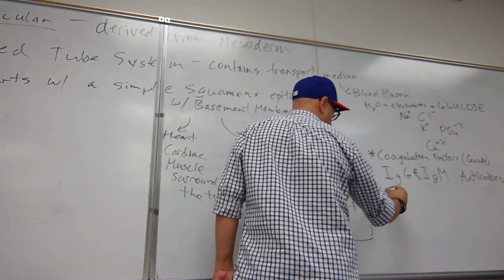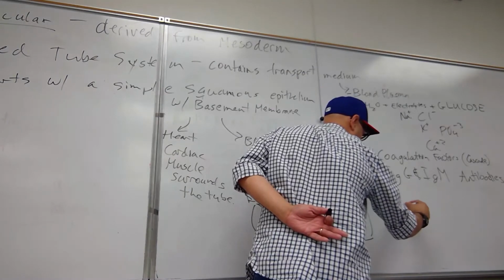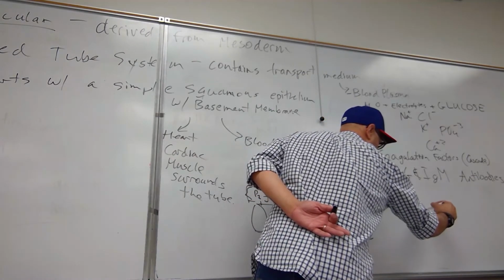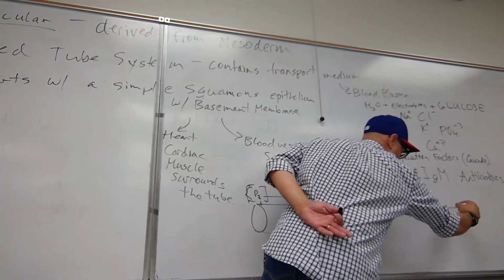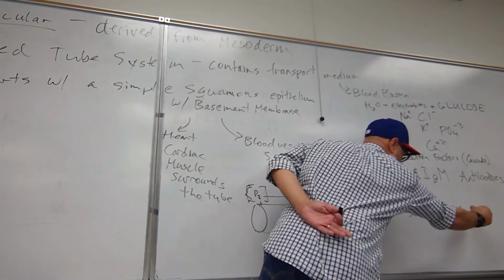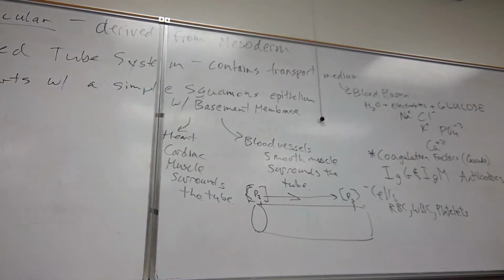So we can say blood plasma, and then cells. And in that you have red blood cells, white blood cells, and platelets, which are not cells, guys. Did everybody hear me? Platelets are not cells. They're fragments of cells.